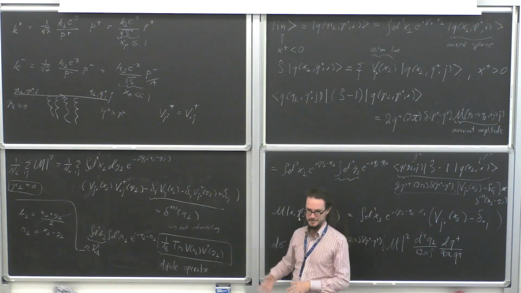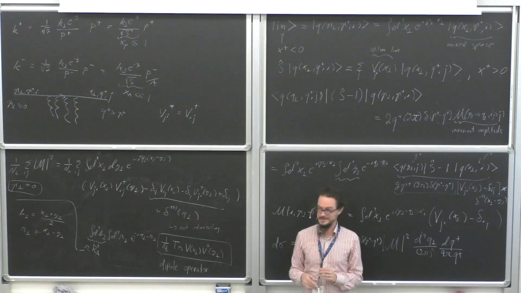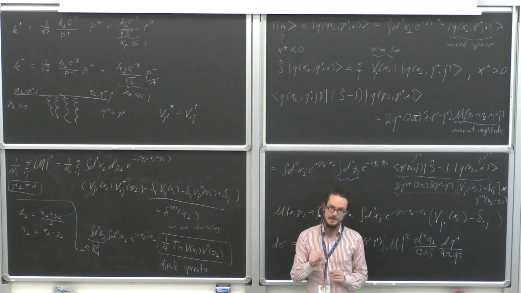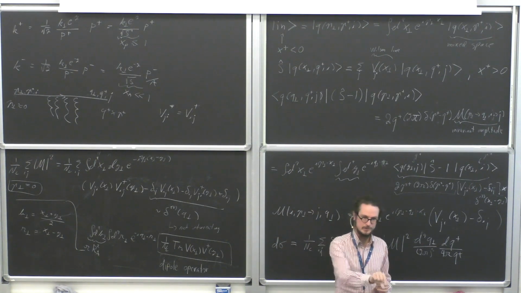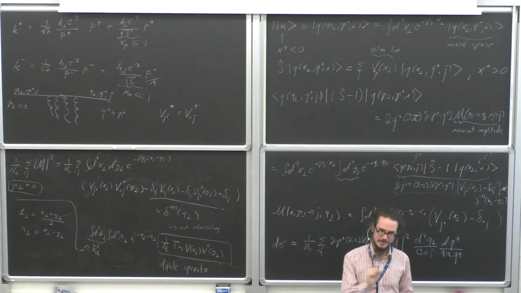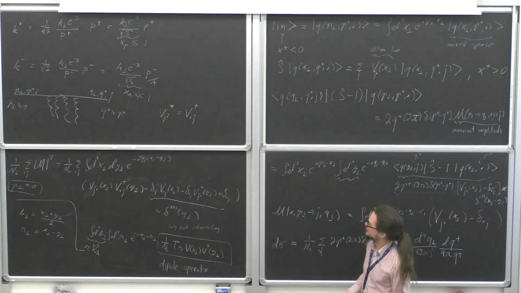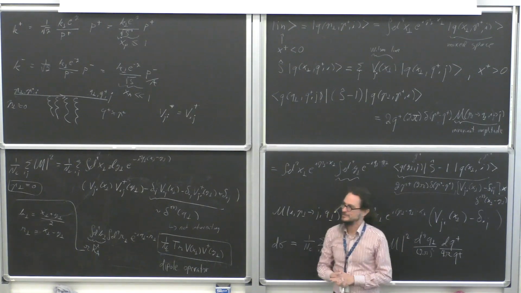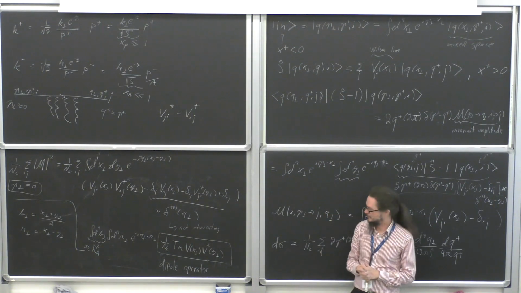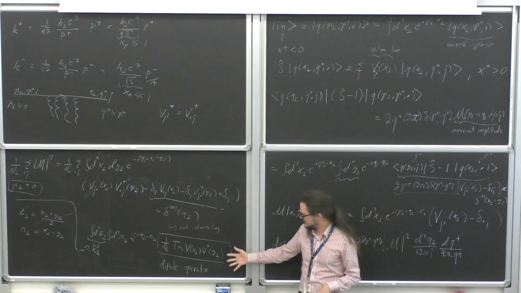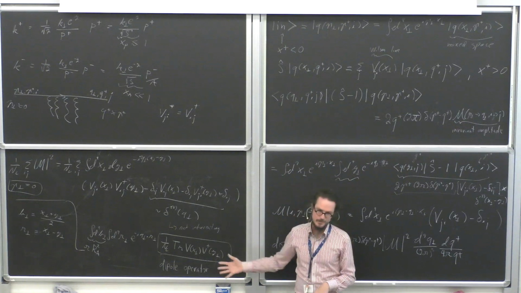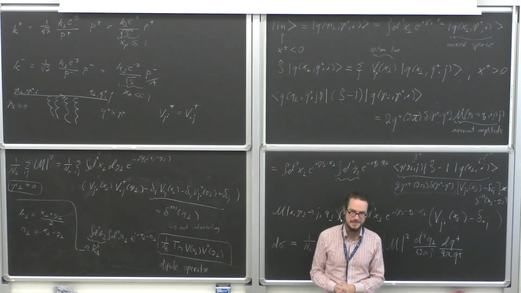So it looks like a quark-antiquark dipole going through the target, corresponding to a single quark scattering off the target. This dipole operator is the basic building block in cross sections.